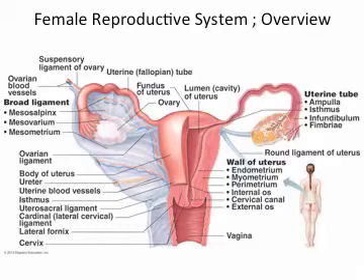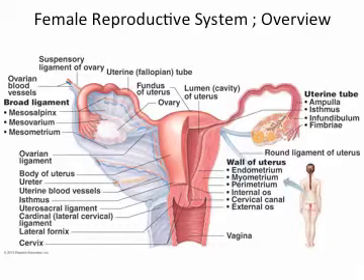You can see in the cartoon the ovarian ligament holds the ovary to the uterus. And then if you look up at the left side of the cartoon, there's a suspensory ligament of the ovary. So that, again, is holding the ovary to the pelvic cavity. And then there are other ligaments.